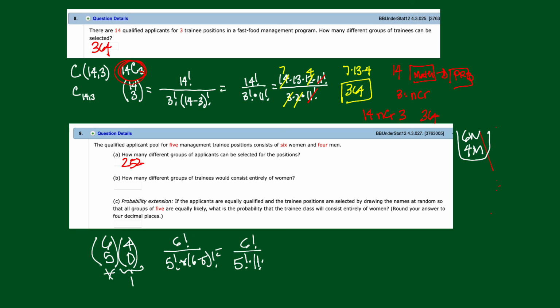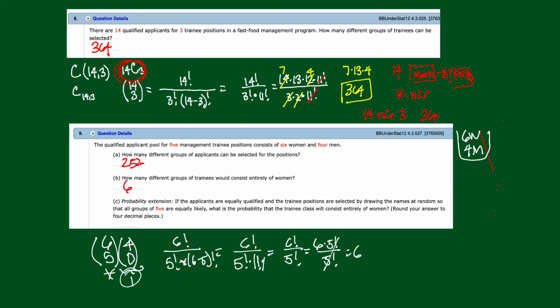So it's essentially 6 factorial over 5 factorial. Now, break it down. 6 factorial on top is 6 times 5 factorial over 5 factorial. Those cancel. There are 6 ways to do that. So I'm going to write the 6 right in here.